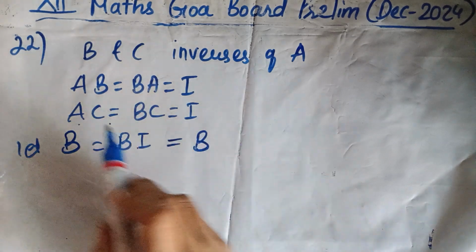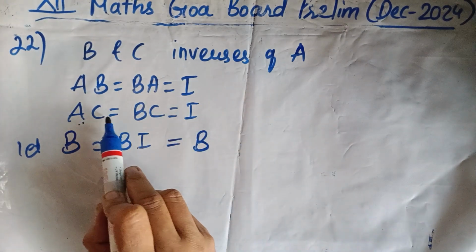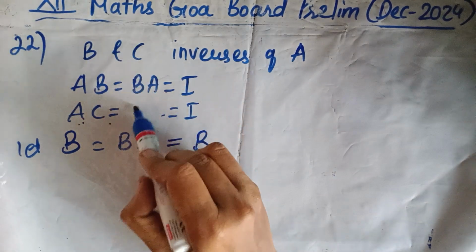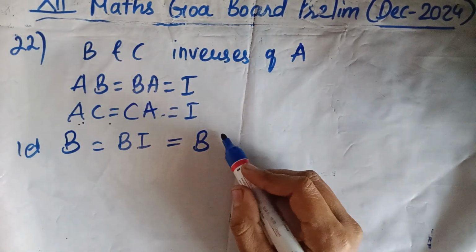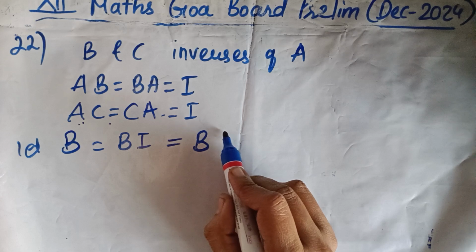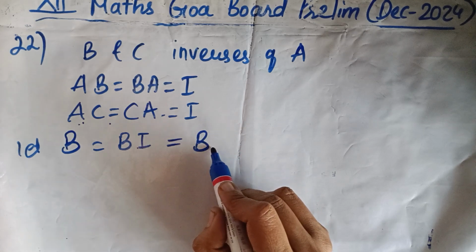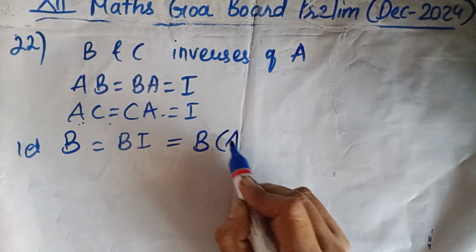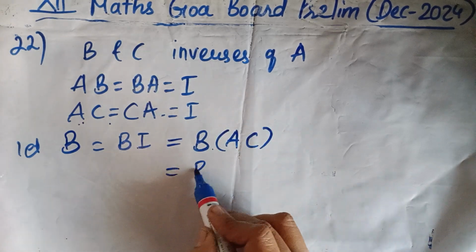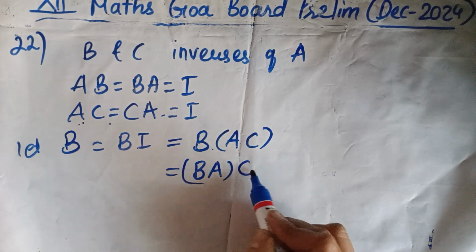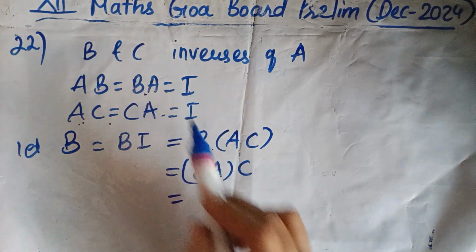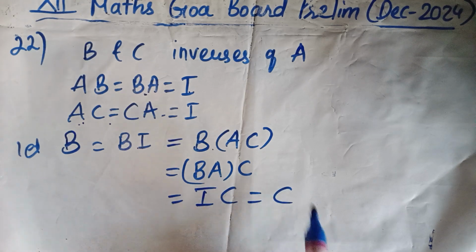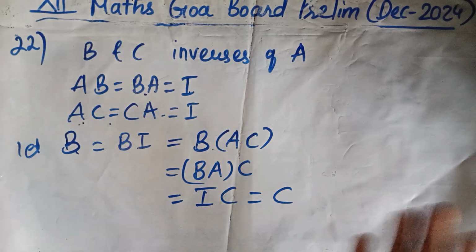So I can write it as BA into C. BA is again I. So this is C. So B is equal to C. So if it exists, then inverses are equal.